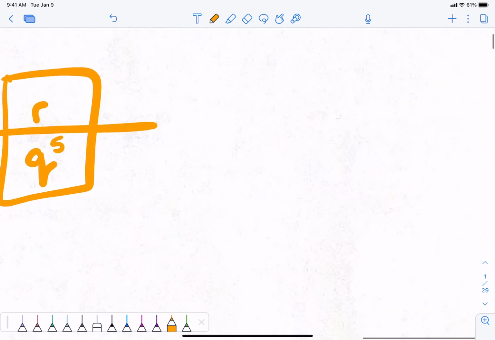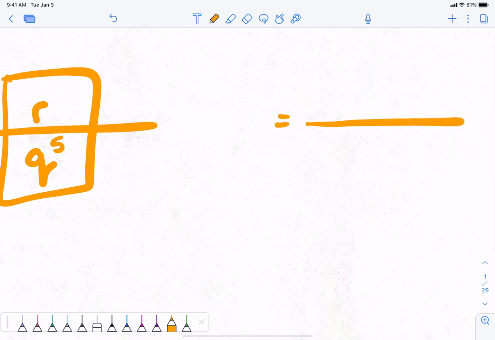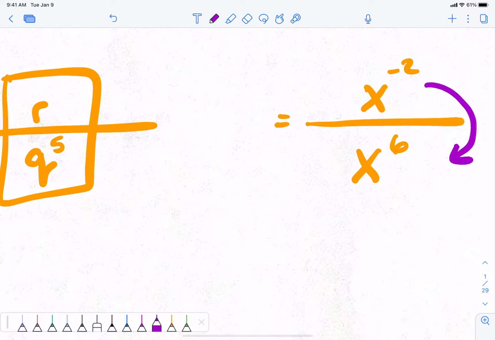Now, I'm going to do one like I did over there before, where we have, let's say, x to the negative 2 and x to the 6th power down below. How do I combine those two? I want to move the negative to the bottom, so this becomes x to the positive 2 power, right?